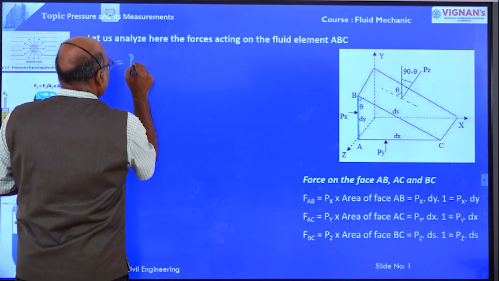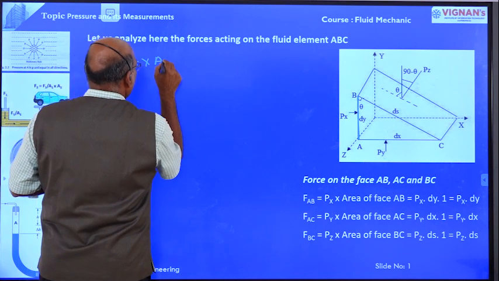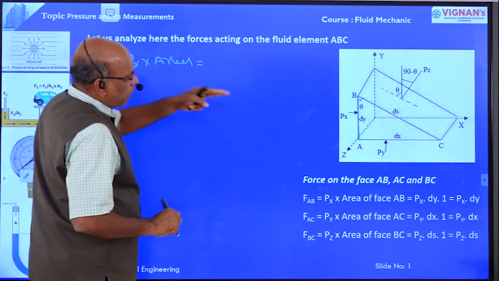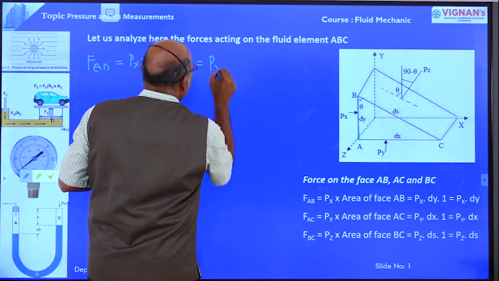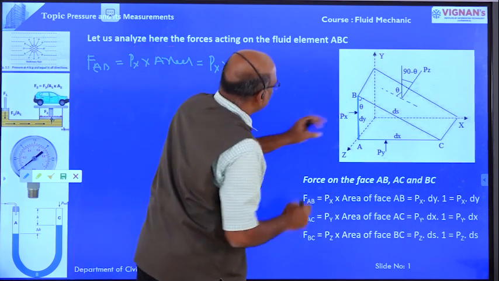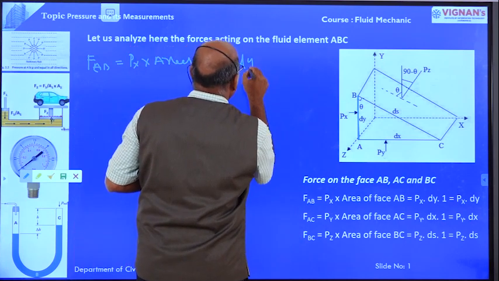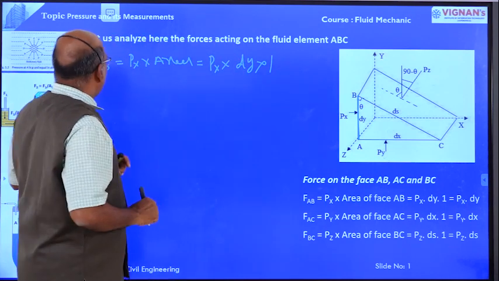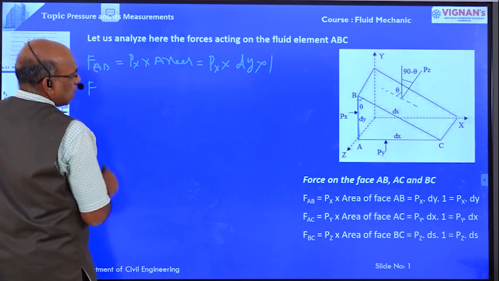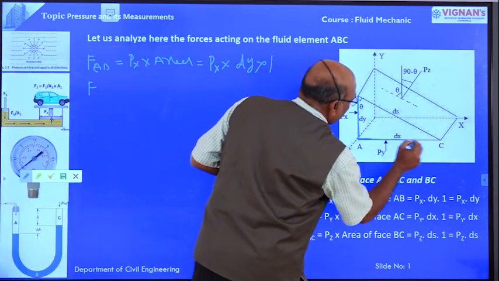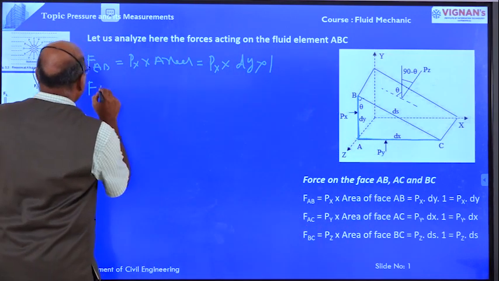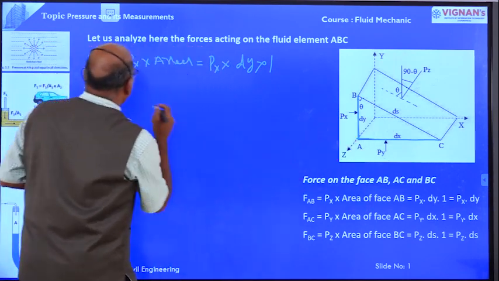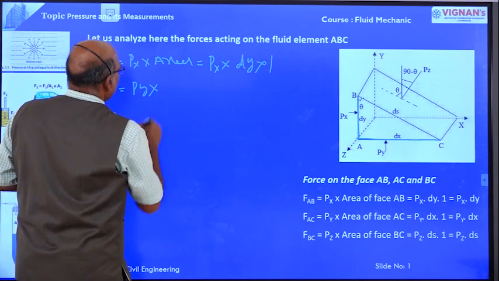Force on face AB is equal to Px into area, that is dy, the depth of the fluid element, into width 1. Now force on face AC is equal to pressure on face AC, that is Py, into area.